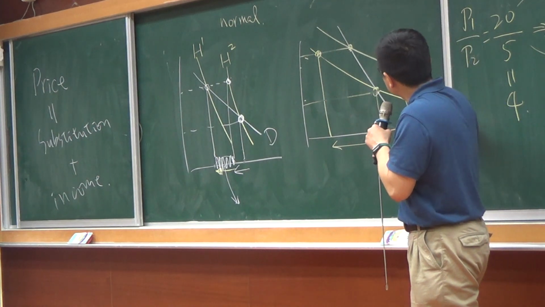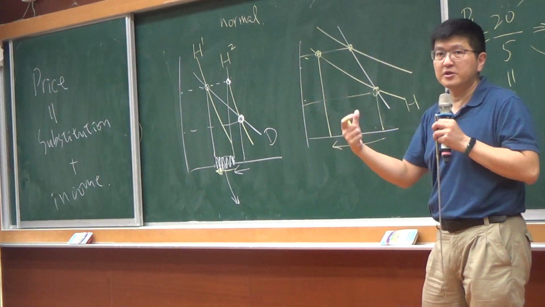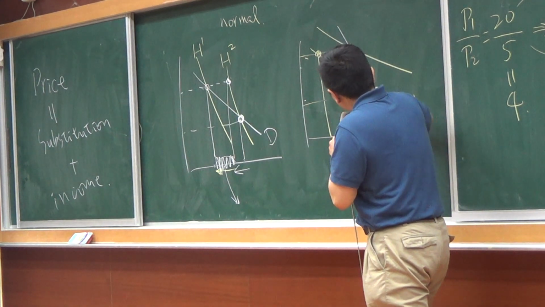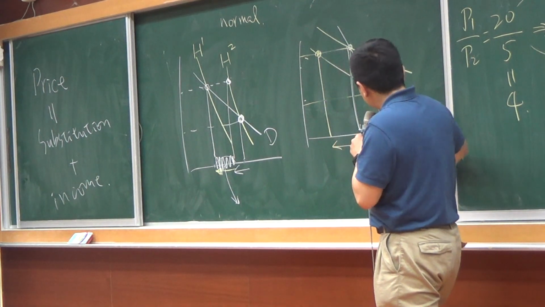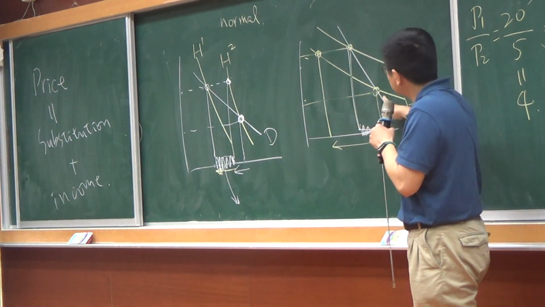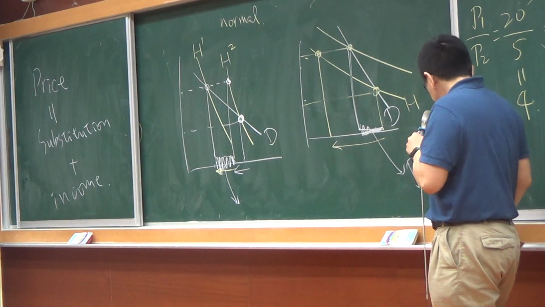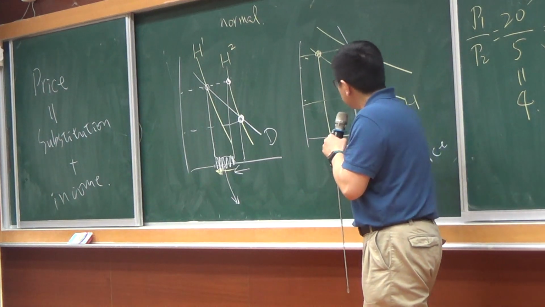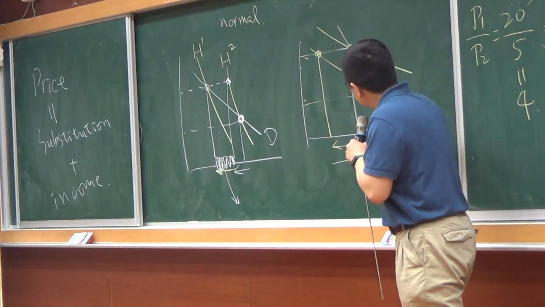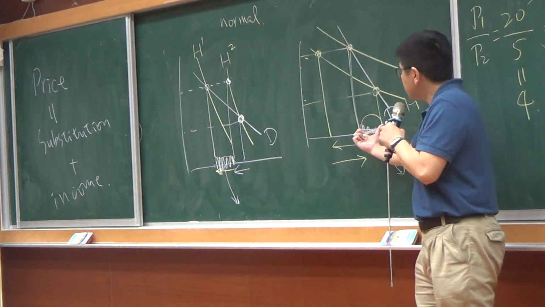Because it's along the Hicksian demand curve. The Hicksian demand curve captures the pure substitution effect, and this is the price effect. This is the price effect, from here to here, right? It's the Marshallian demand curve. And the difference is the substitution effect and the income effect. So the total price effect is this much.